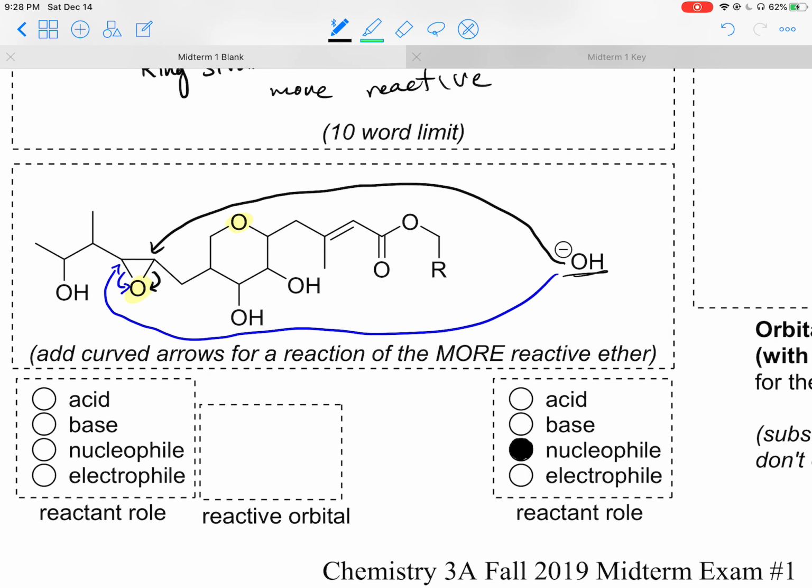And this whole molecule right here is going to be the electrophile because it's taking a bond. It's taking some electrons for it. And the reactive orbital is going to be the one that's breaking over here. And so that would be a sigma bond breaking, so it's going to be sigma star, and it's going to be CO because it's the bond between the carbon and the oxygen.